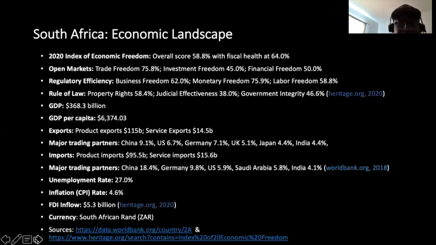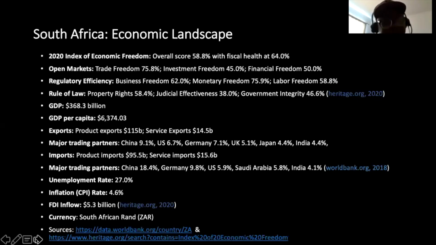And then the unemployment rate is about 27.0%, which is higher as compared to India, which is around 2%, thereabout. And then the inflation rate is lower, but comparatively, it seems 4.5%.